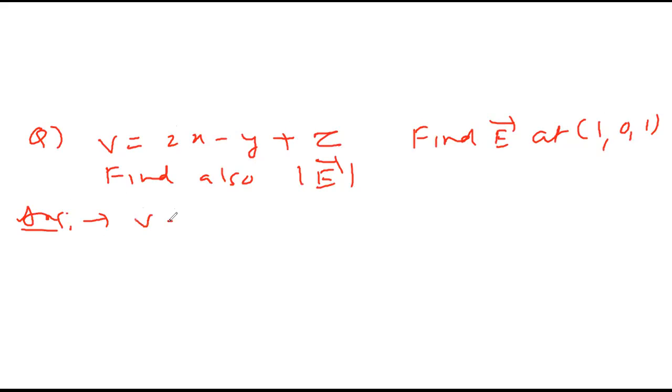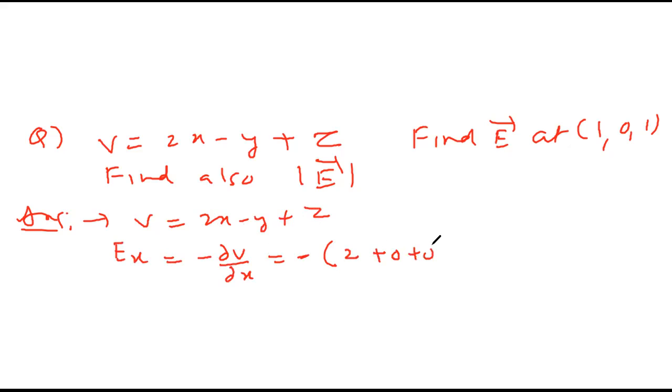Now V is given 2x minus y plus z. So E along x will be partial derivative of V with respect to x with negative sign. So this will become minus of derivative of this with respect to x. Derivative of 2x is 2. This is 0. This is 0. So we get answer minus 2.